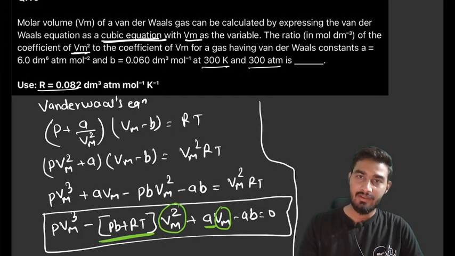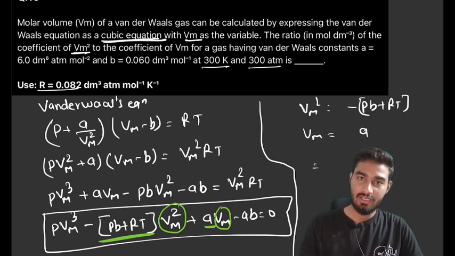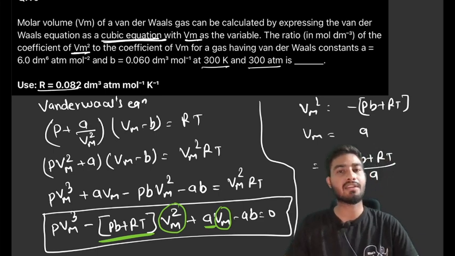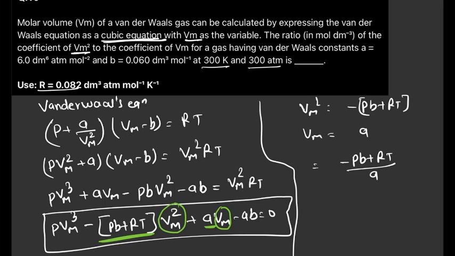The coefficient of Vm square is minus (PB plus RT), and the coefficient of Vm is A. So it will be minus (PB plus RT) divided by A, and all the values are given: pressure, A, B, R and temperature.